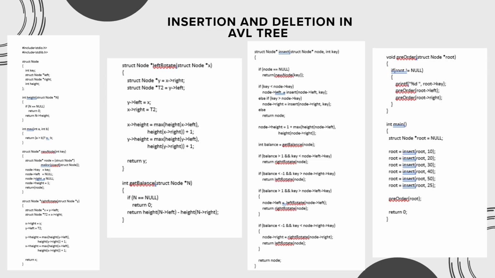Nag-insert siya 10, 20, 30, 40, 50, and 25. Kada insert sa atong tree, kay ang AVL, i-check niya kung balance ba ang atong tree ug dili rotation is needed. So at the end, the pre-order or root prints the tree and tells the program it finished successfully.